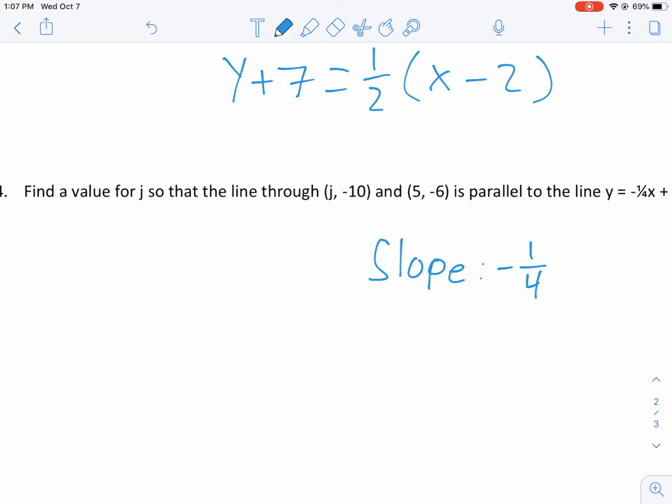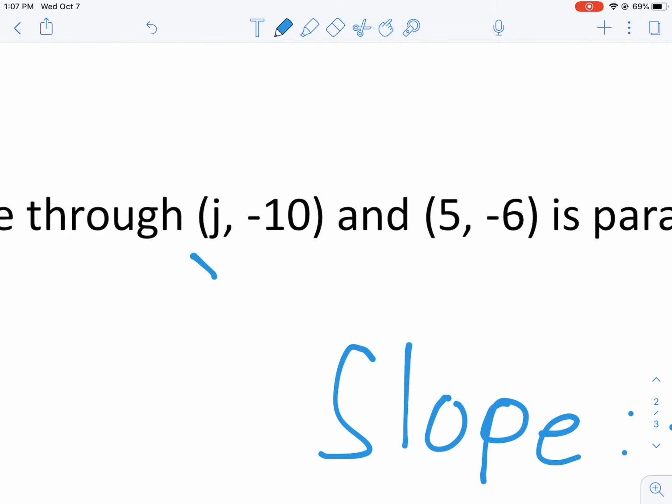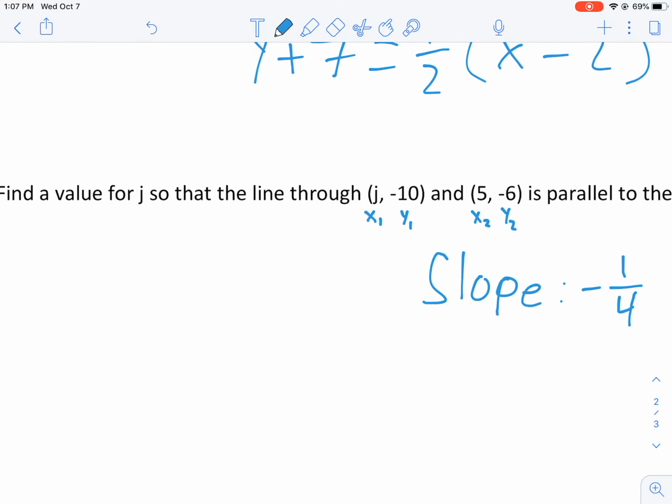Okay, so let's just take these and plug them into our slope formula. We've got x1, y1, x2, y2. So let's just plug in what we have. So y2 minus y1. So we've got -6 minus -10. x2 minus x1, that's 5 minus j.